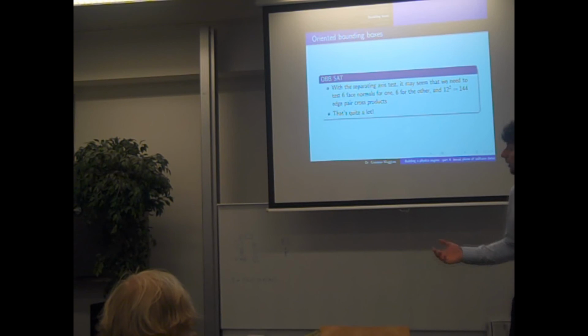So for boxes, what happens is that we have 6 face normals, 6 face normals, and then 12 edges squared. So the total number of tests becomes 144 plus 12, which is 156 tests for something as stupidly small as a box, right? That's kind of a pity.